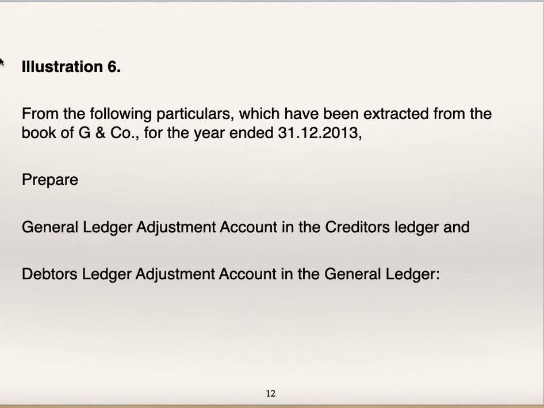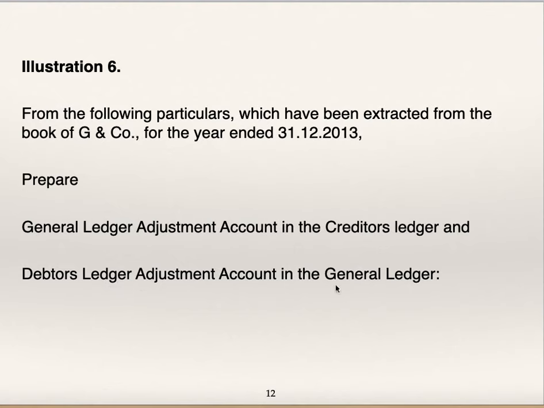Now we'll go to the next illustration, illustration number 6. From the following particulars which have been extracted from the books of G and Company for the year ended 31st December 13, prepare general ledger adjustment account in creditors ledger and debtors ledger adjustment account in general ledger.